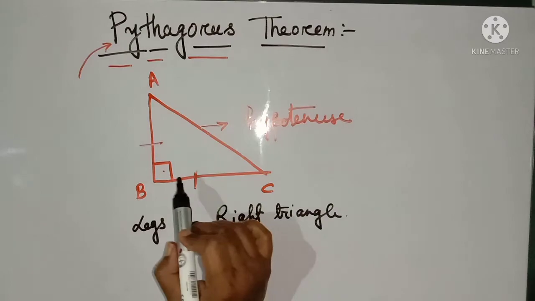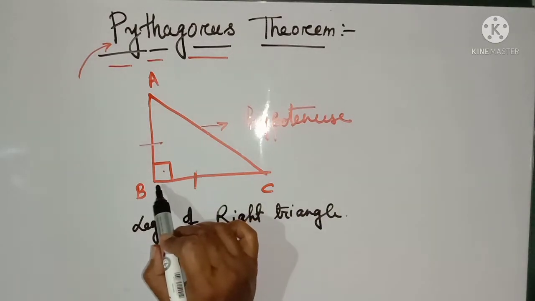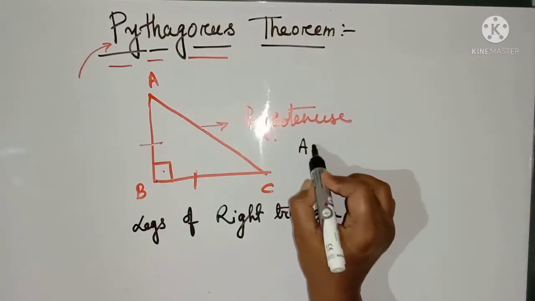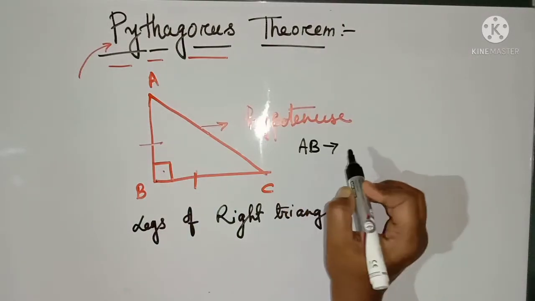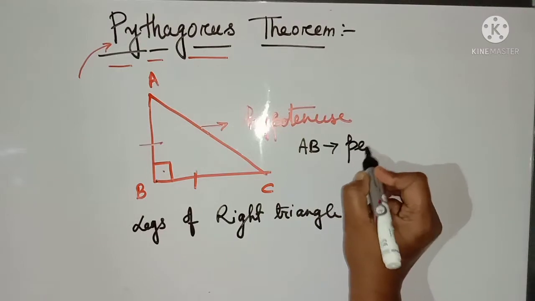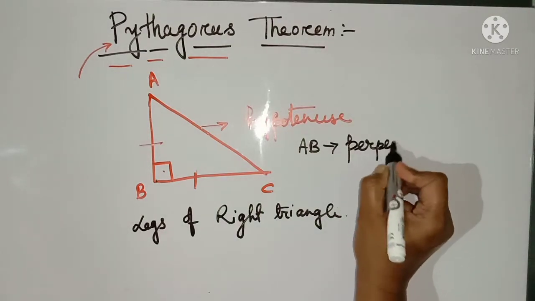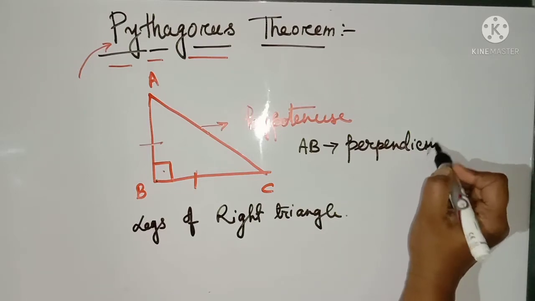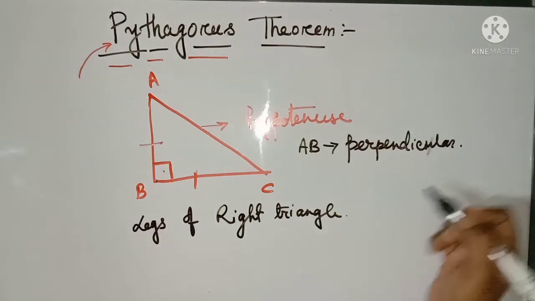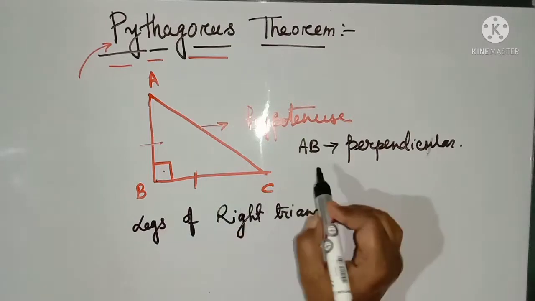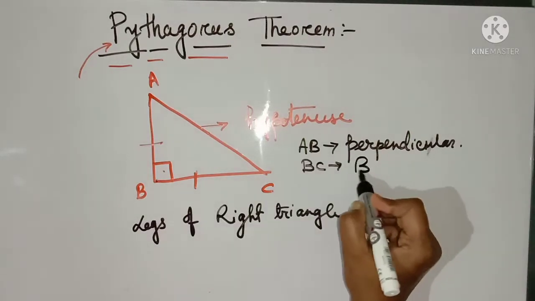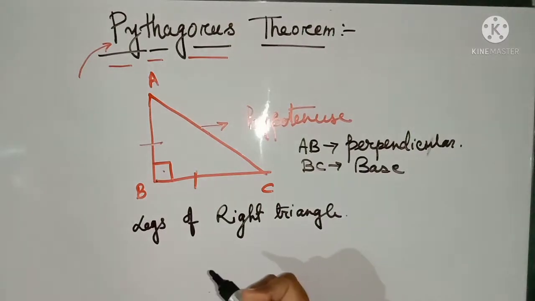Or you can give some names also for these legs. So here AB, you can tell, is the perpendicular. And here BC is called the base. BC is called the base of the right triangle.